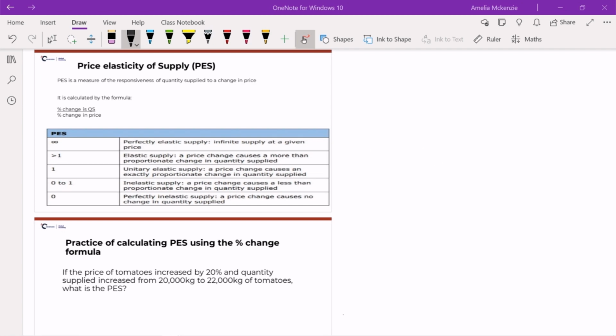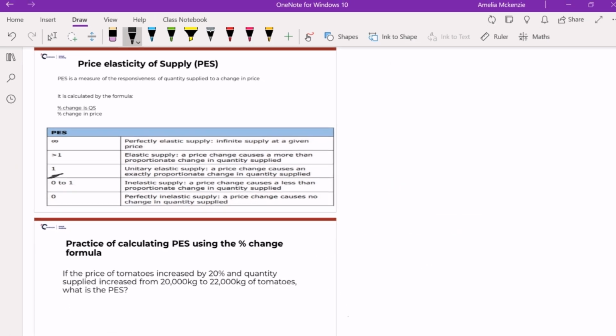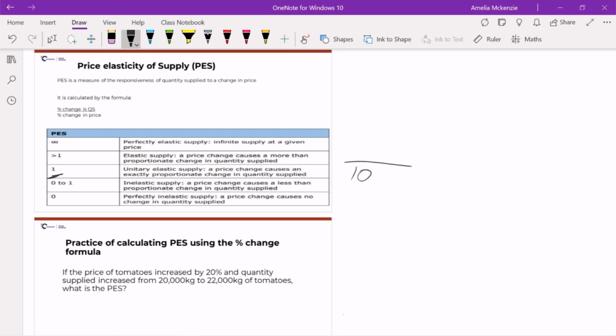If you came out with a number equal to 1, that would mean we'd have an equal proportionate change in quantity supplied from our change in price. So for example, if the price increased by 10% and quantity supplied also increased by 10%, 10 divided by 10 would give us 1. Okay, so that's unitary elastic supply.